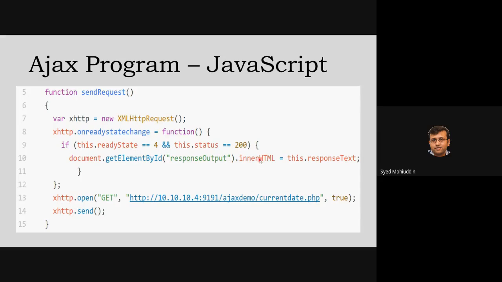Then we will handle the data received, and this part from line 8 to line 12 will be waiting till the state changes, and then from request it will be in response state. Then we will open a connection and send the request there.